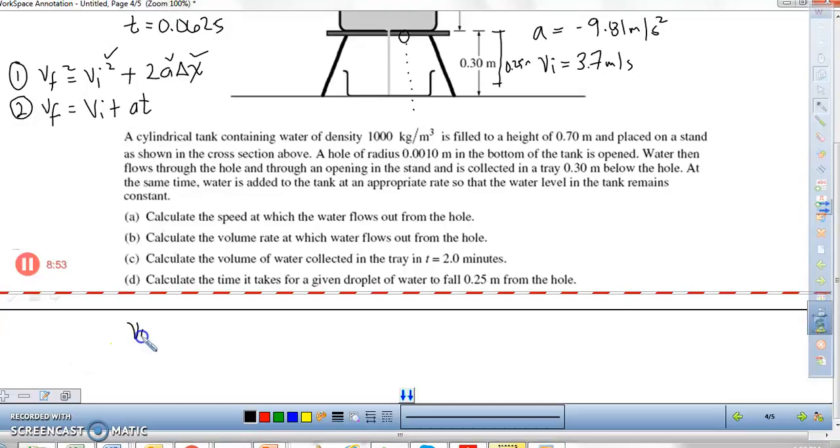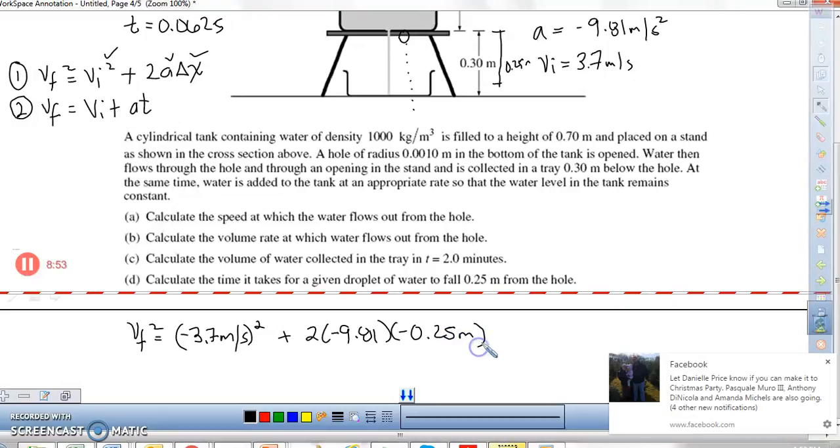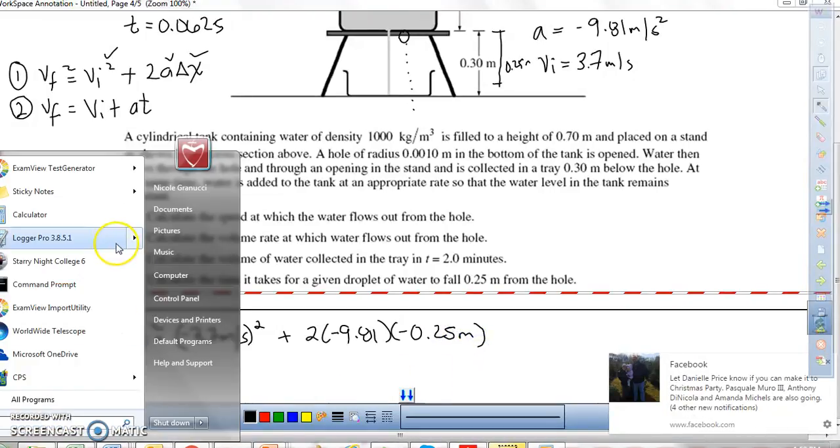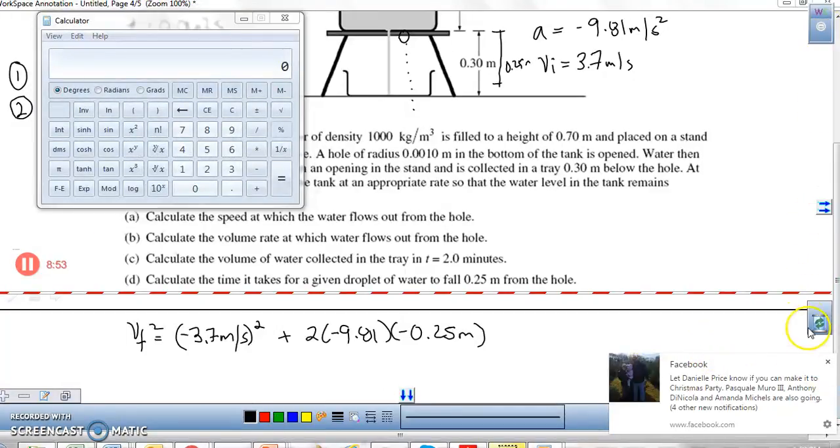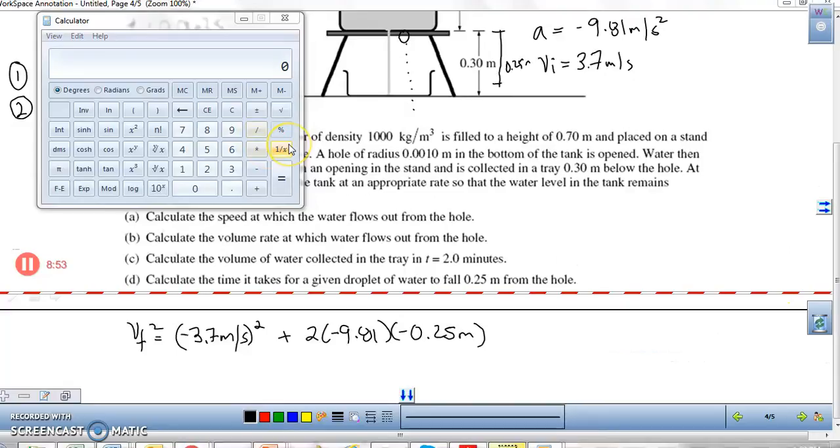So let's go ahead and solve this out. So I get 3.7 meters per second squared plus 2 times negative 9.81 times negative 0.25 meters. Let's get this out of the way.